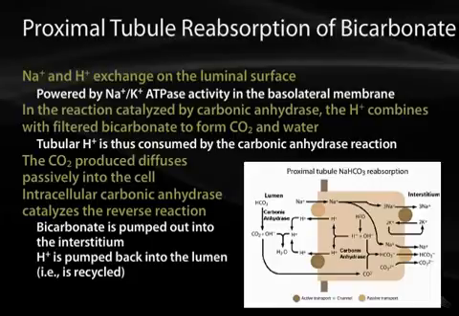Bicarbonate is then free, and a sodium-bicarbonate cotransporter exists on the basolateral side of the tubular epithelial cells. This is how bicarbonate is then reabsorbed back into the peritubular capillaries and into the bloodstream. The hydrogen created from that reaction is recycled through the sodium-hydrogen exchanger.